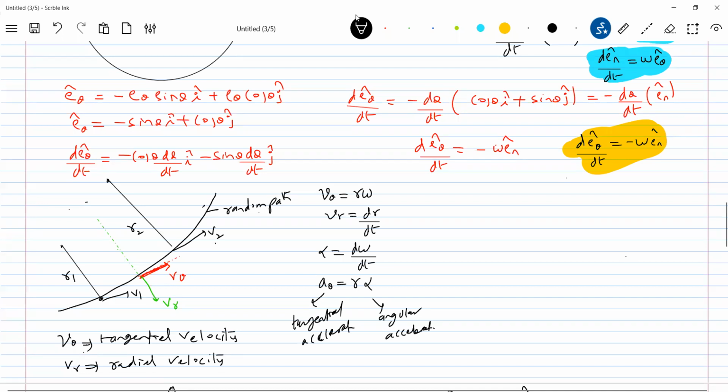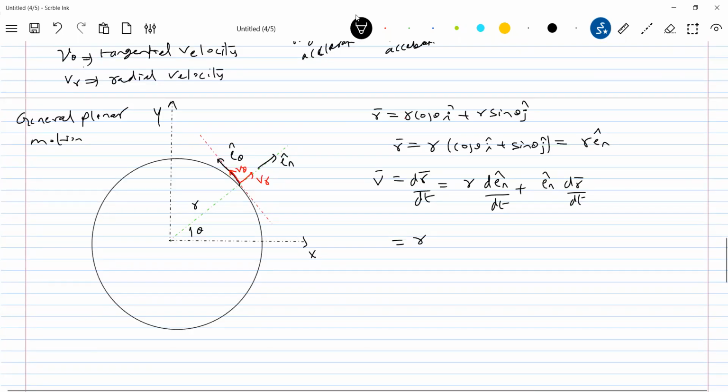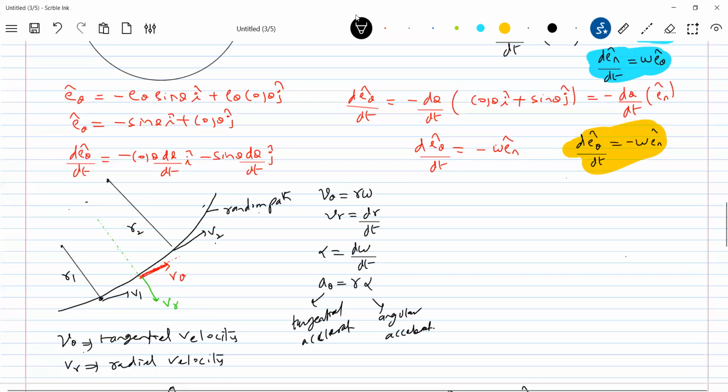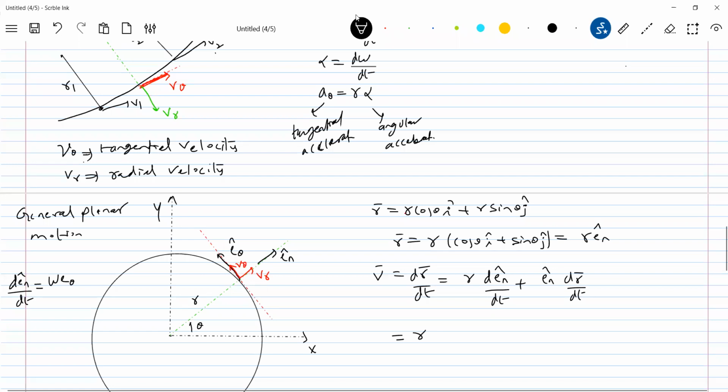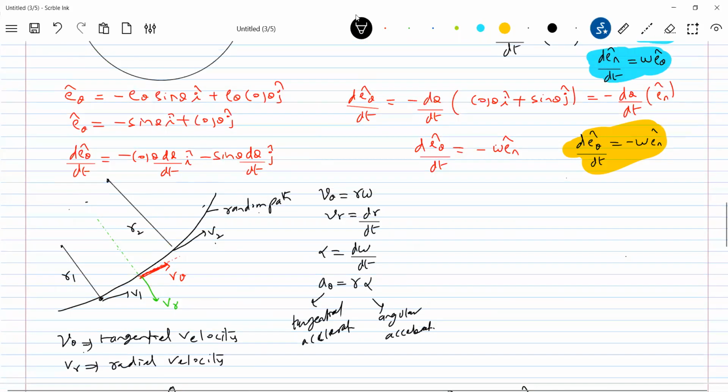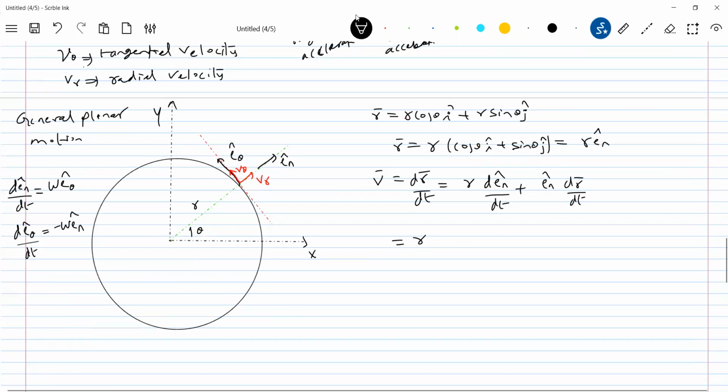Okay, fine. I'll write down the conclusion, what we concluded earlier. Already we discussed the background, so let me tabulate those things here. In place of de r cap by dt, I'll write omega e theta cap. Now, what is dr by dt?